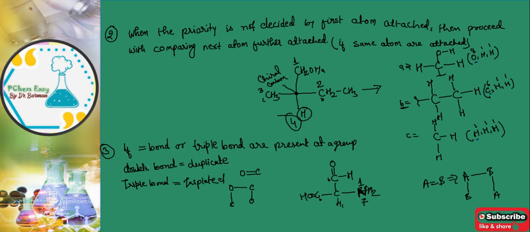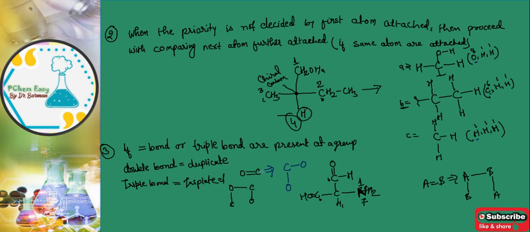Now the third rule. If a double bond or triple bond is present at a group, like this aldehyde, what you will have to do is consider it like this: this is the group C double bond O. Just imagine that the carbon is bonded with a single bond to oxygen, and that carbon is also single bonded to another oxygen.